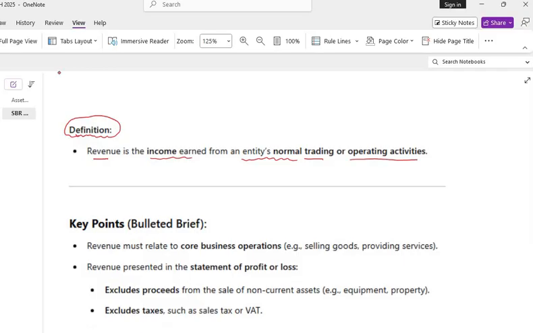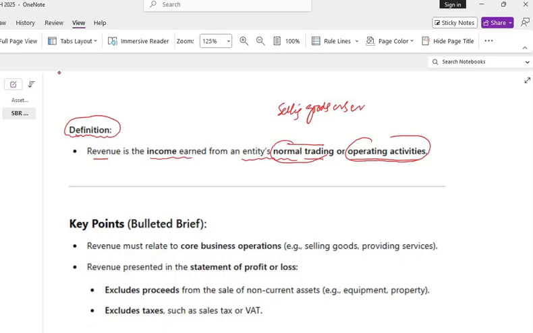So revenue will be the income that you earn from your normal trading, from your normal business, or from operating activity. This means that it includes income from selling goods or services, and it will exclude other types of income, such as gain from selling a long-term asset.